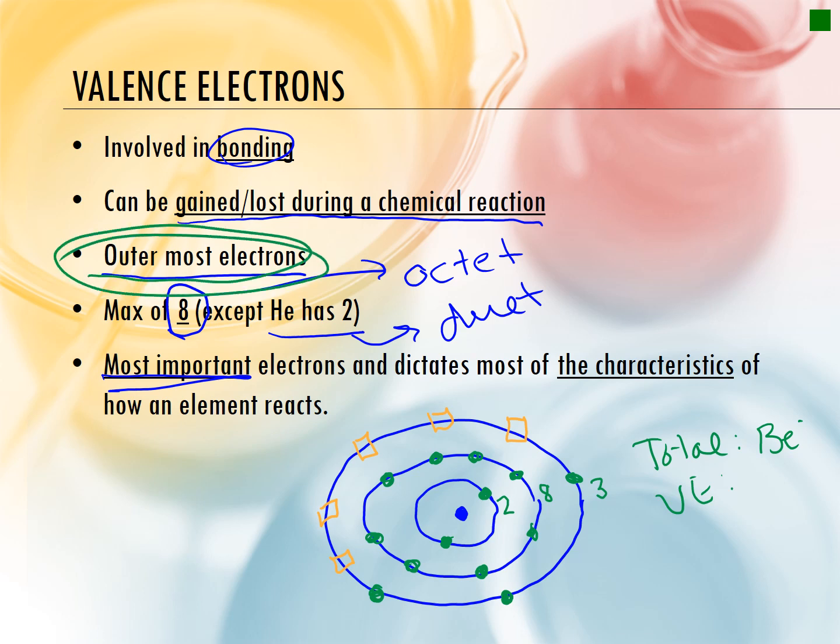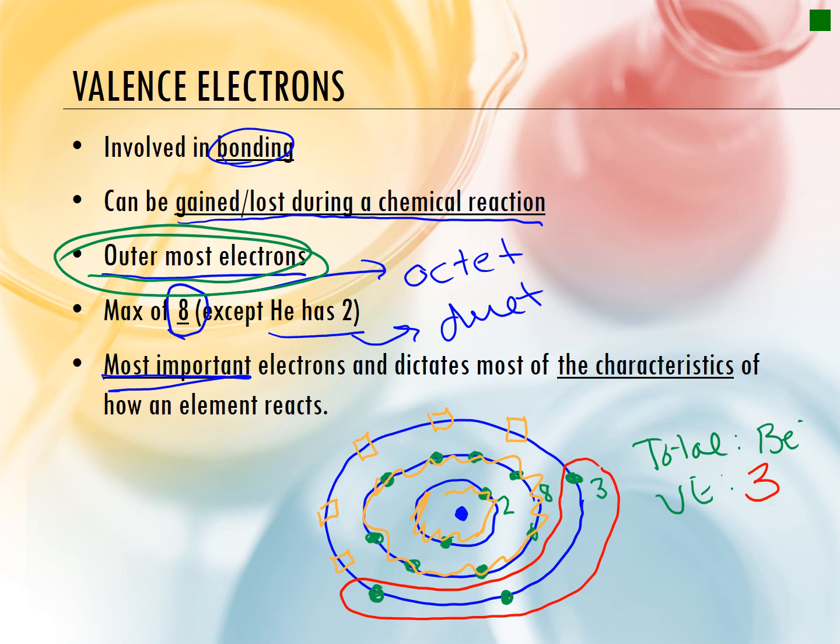So what's interesting about this is that I do not care, when I'm asking for valence electrons, about anything in this group or anything in this group, because these guys are the ones in the outermost. So how many valence electrons does it have? It has 3 valence electrons.